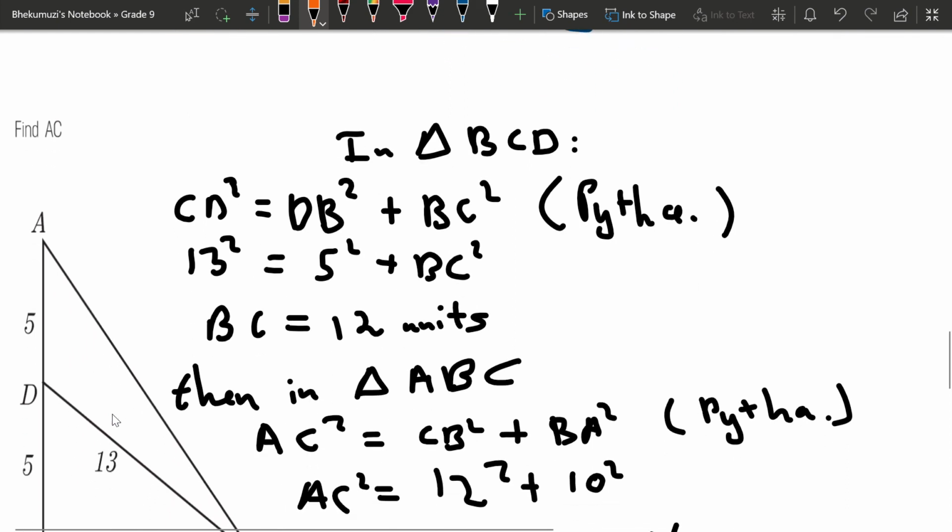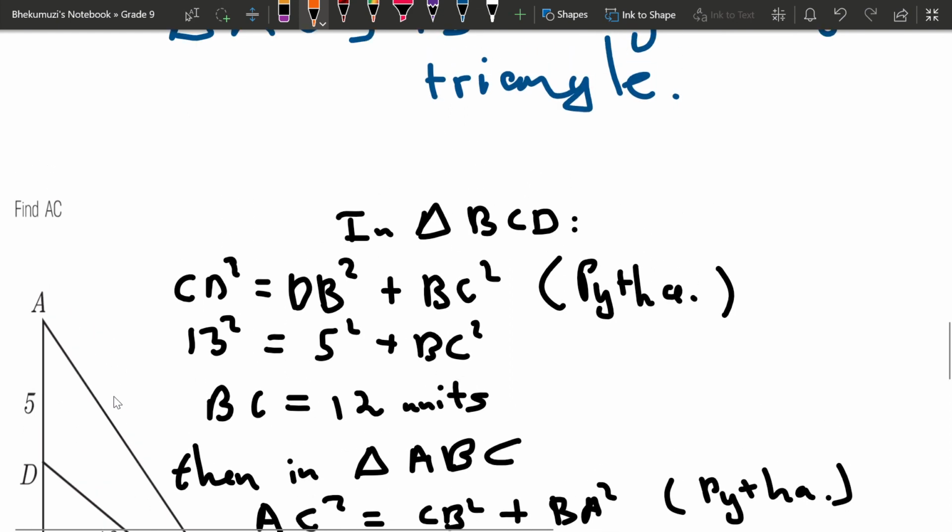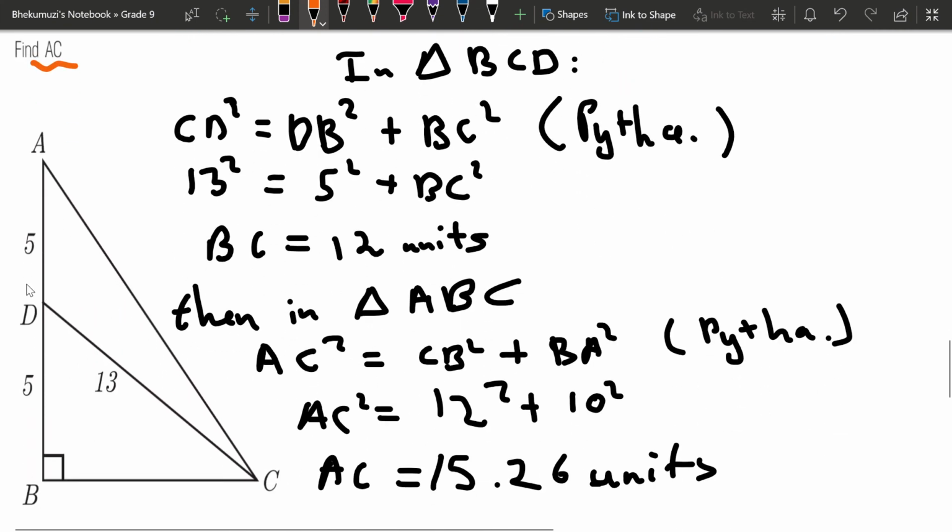And then the last example here, you would find that they would say, find AC. Now, where is AC? AC is this long one over here. But now the issue is, you don't have BC. So how can we get BC? If you notice, there's a triangle in the center first, in the beginning part here, right? Where you have DC and DB, and then you're looking for BC. So in triangle BCD, you use the theorem of Pythagoras, and you get that BC is actually equal to 12, right?